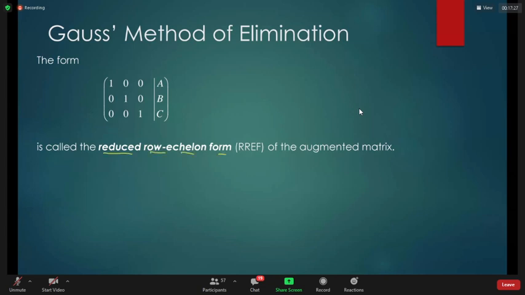So the row, because we are dealing with rows, we are focusing on rows more than on columns. That's why the word row. Echelon, what's an echelon actually, and why reduced? So the echelon form in principle means that we have this triangular type matrix. The row echelon form simply means we have a triangular kind of matrix.